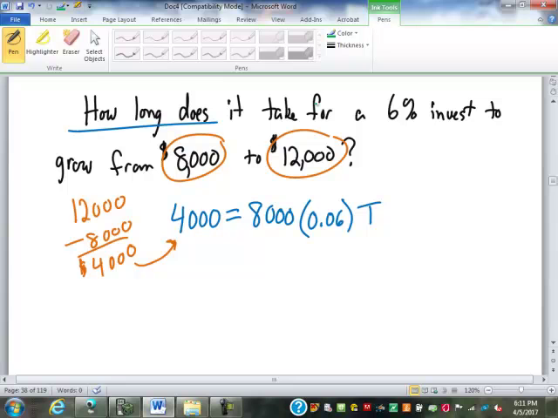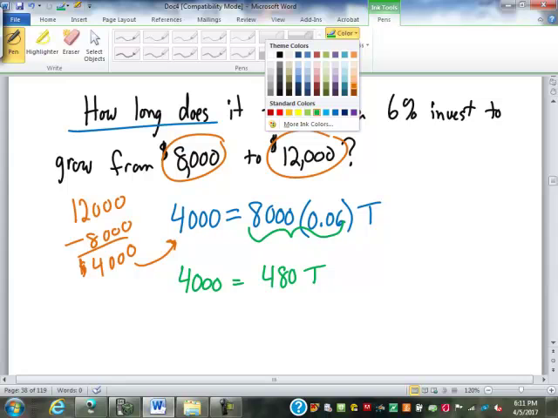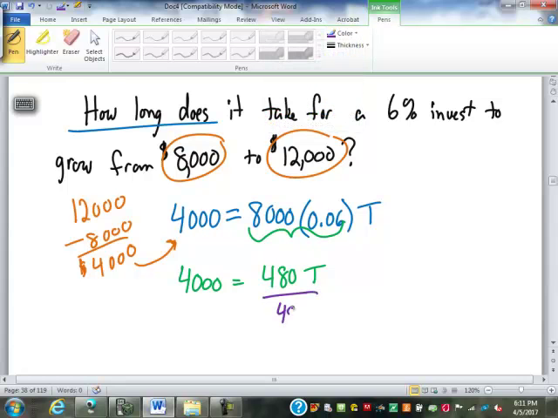Okay, so now we have to combine. The 4,000 here isn't going to change, but we're going to take the 8,000 times 0.06, which is going to be, I believe, 480. And then our next step, divide by the 480.